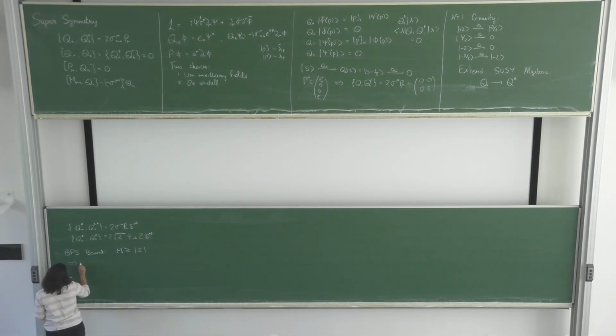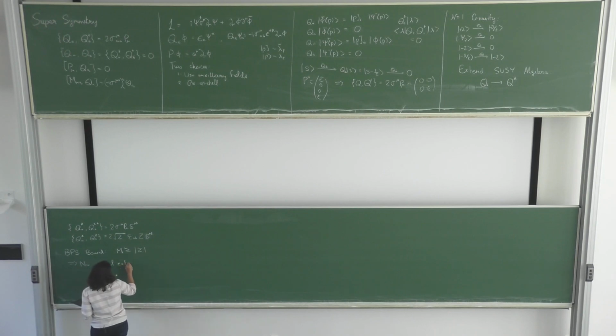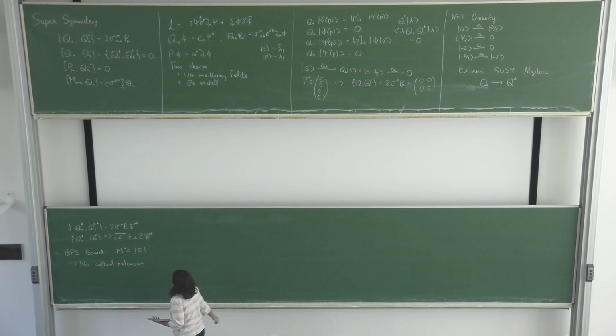So what does this mean? No central extension. So as a result, we can really treat this extended SUSY algebra as just having more Qs available to us when we're building our spectrum.